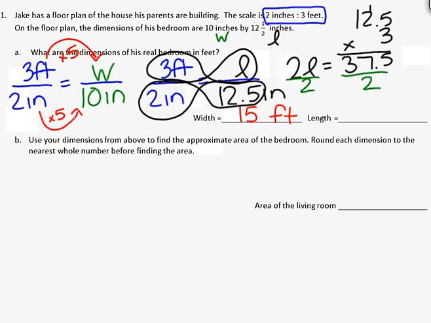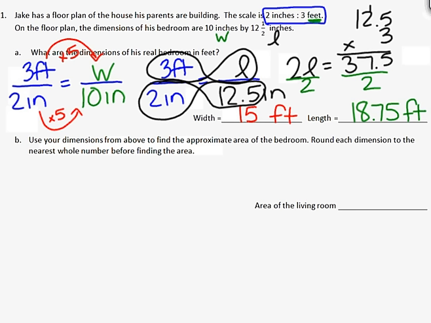And when you work that out, you're going to get a length of 18 and 75 hundredths of a foot. And notice how both of our converted measurements are already in feet because our scale factor set it up to be that way.